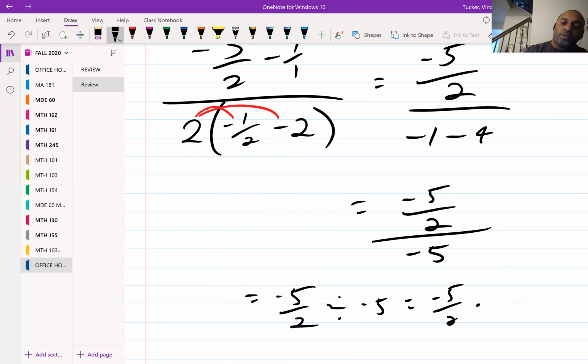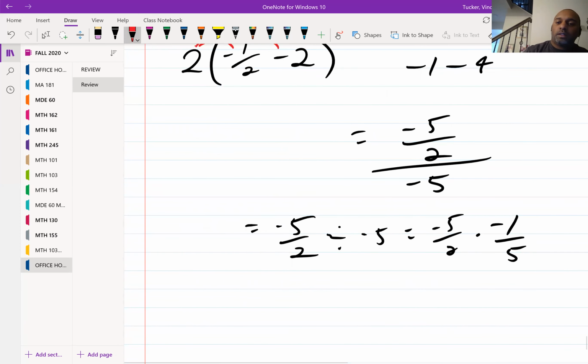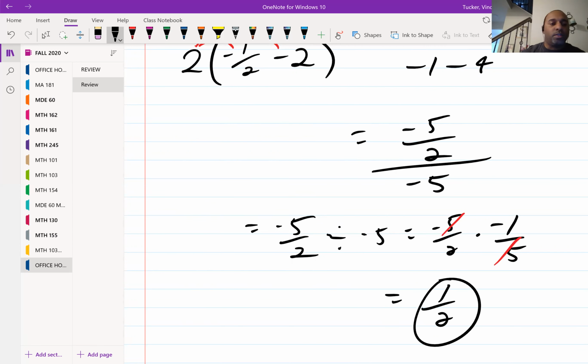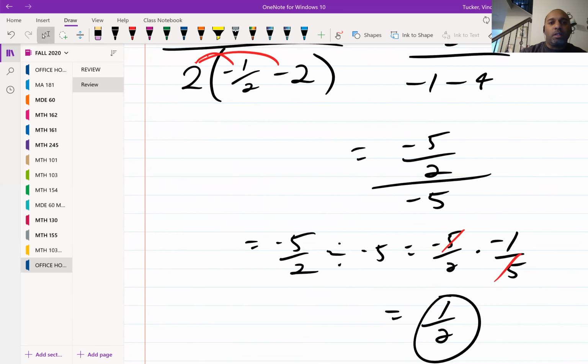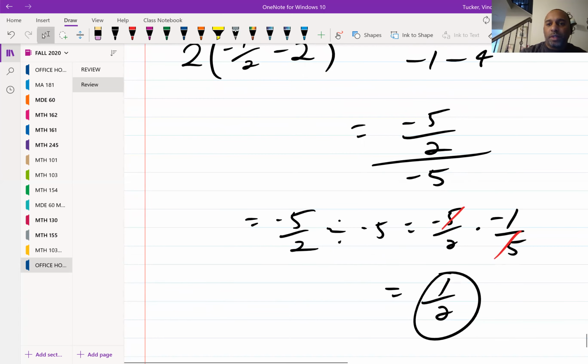Negative 5/2 times negative 1/5. 5's cancel. That'll be a positive 1/2 as your answer. So that's negative 1, negative 4, negative 5. All right, let me know if you guys have any questions. Take care.